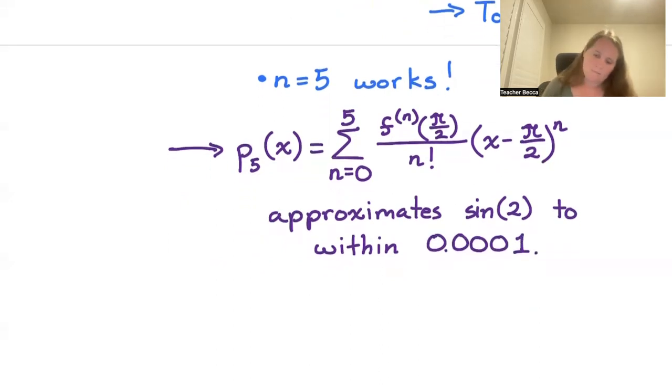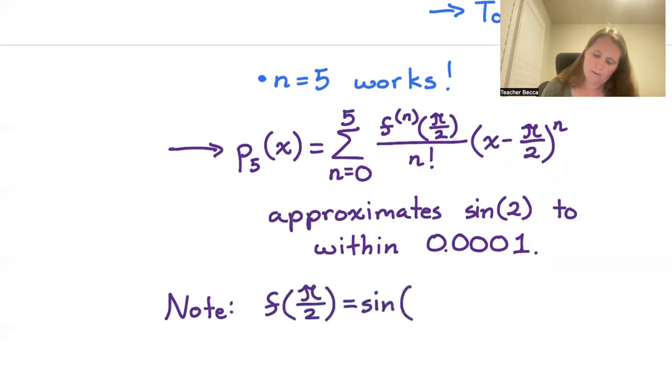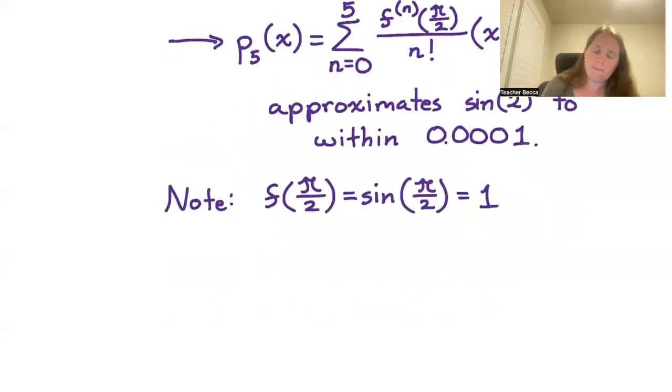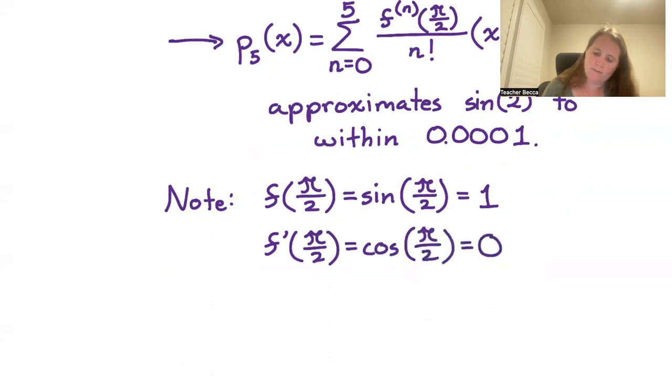Note f of pi over 2 is sine of pi over 2, which is 1. f prime of pi over 2 is cosine of pi over 2, which is 0. The second derivative at pi over 2 is negative sine of pi over 2, which is negative 1.